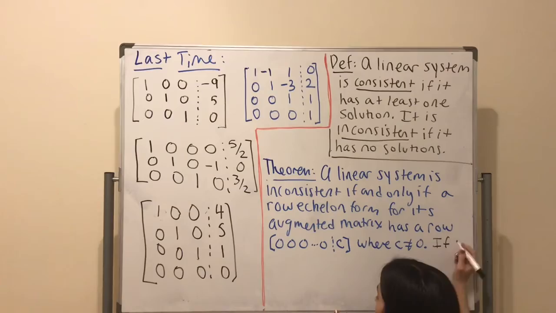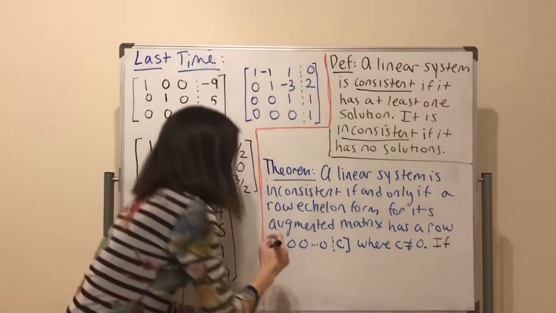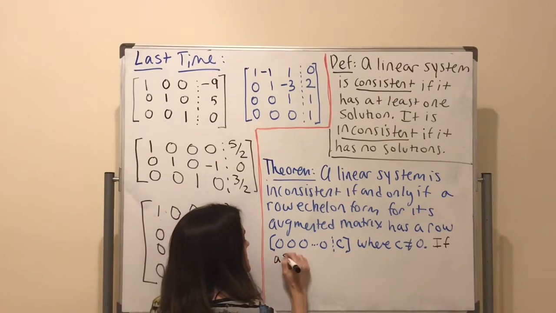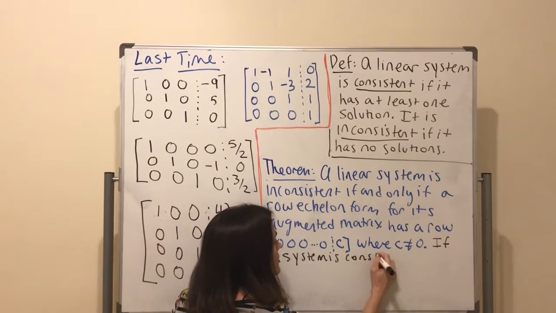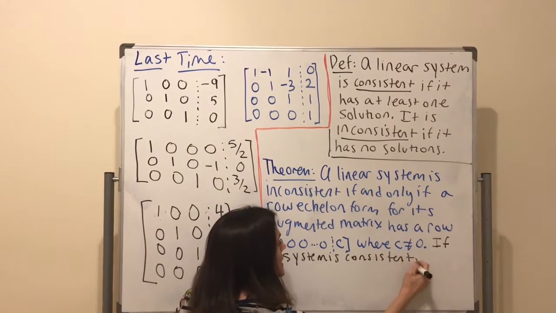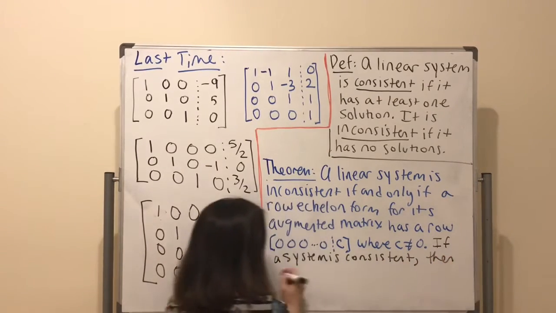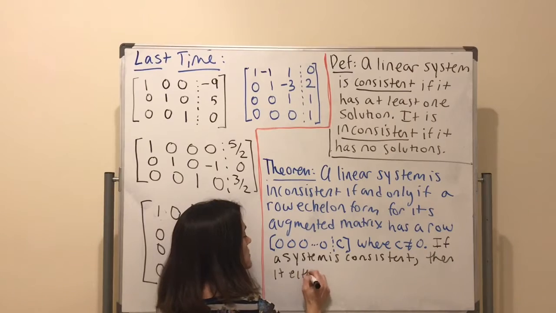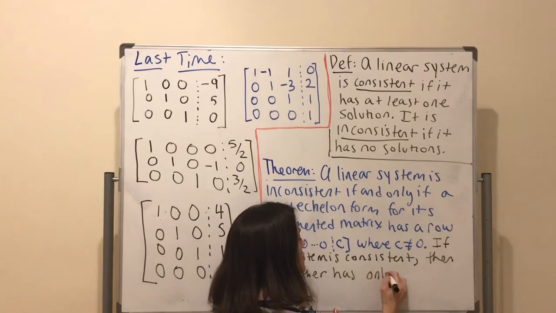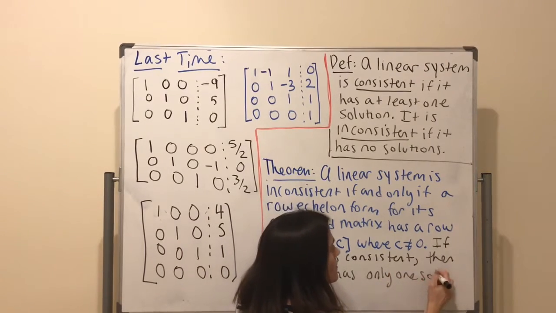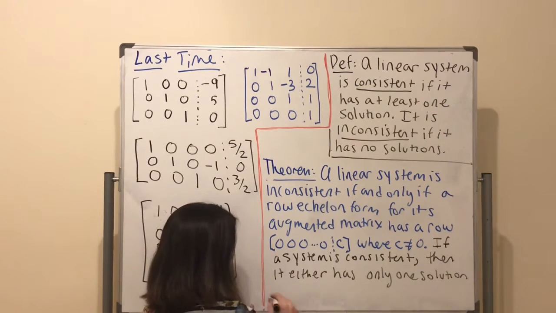If a system is consistent, and I mean linear system here, then it has either only one solution or infinitely many solutions.